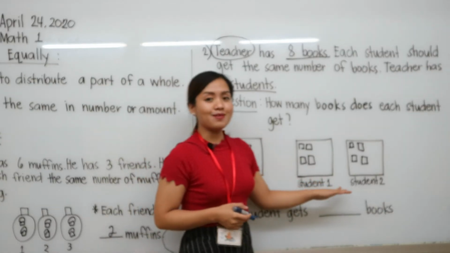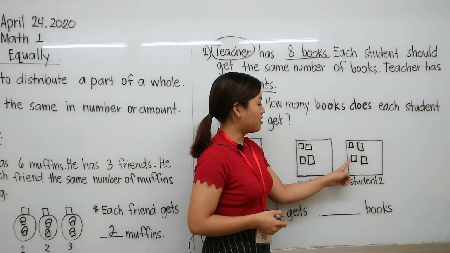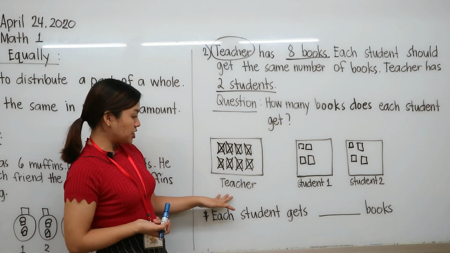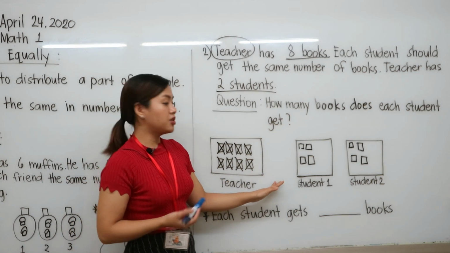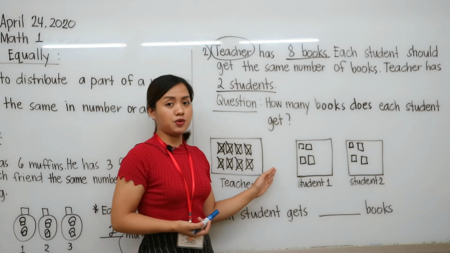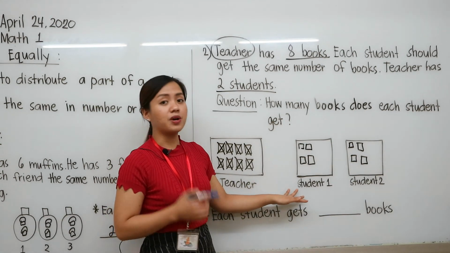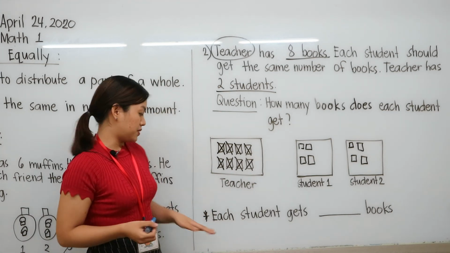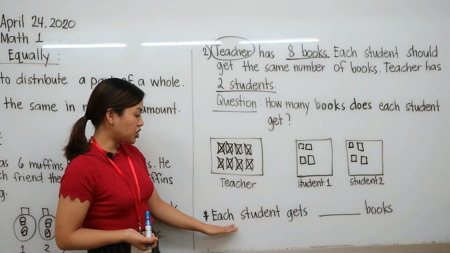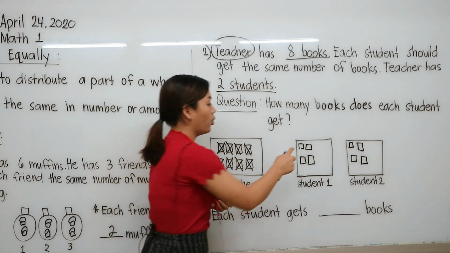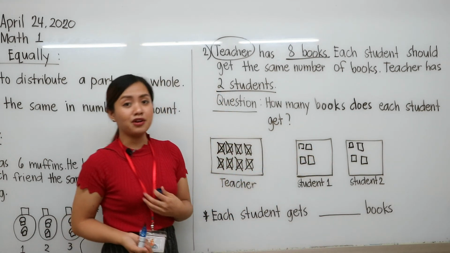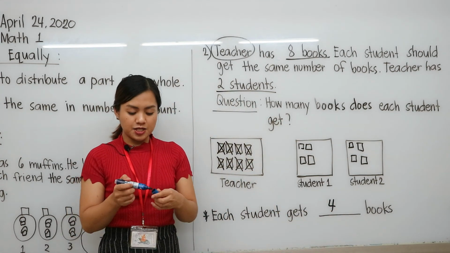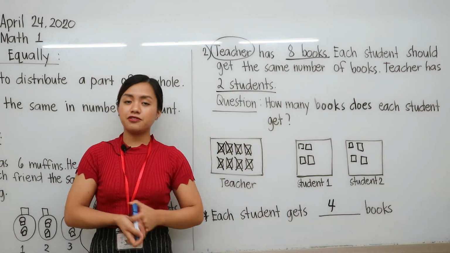And for student number 2, 1, 2, 3, 4 books. So you see, the teacher shared the books to his or her students equally, having student number 1 4 books and student number 2 4 books as well. So the final answer will be each student gets 4 books. So that's it for our lesson for today.